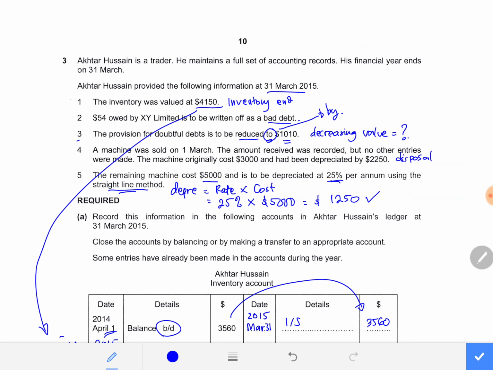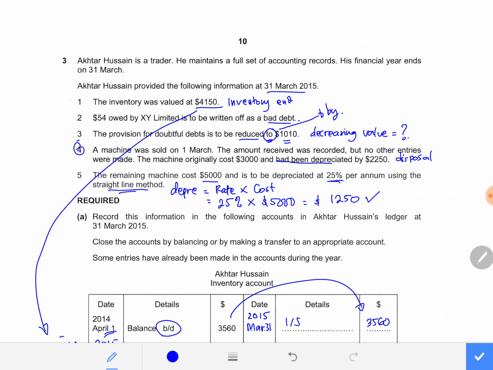Second one, disposal. On number 4, you have information about disposal, and it said that a machine was sold on 1st of March. The amount received was recorded, but no other entries were made. The machine originally cost 3,000 and had been depreciated by 2,250.